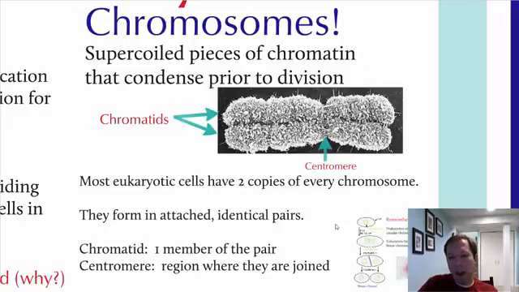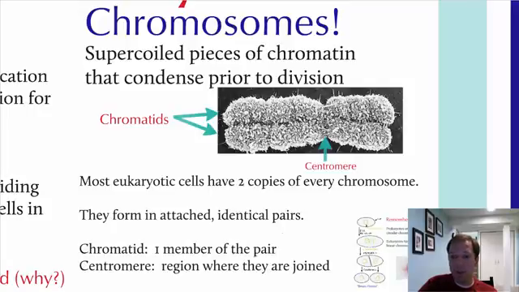Now, most eukaryotic cells, with the exception of some plants, have two copies of every chromosome. Each of those chromosomes is going to contain the DNA from one of your two parents. During mitosis, they're going to form attached identical pairs because each of those chromosomes was copied.